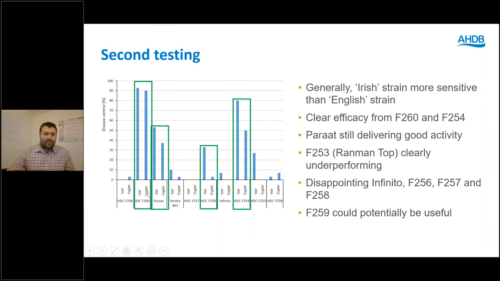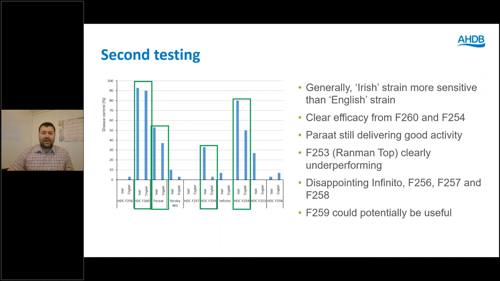I'm not going to talk too much about some of the other coded products, because as you can see, the level of performance is very low. Very disappointing to see Infinito not performing. It's a very good potato blight product, as are 256, 257 and 258. So I had very high hopes for these products. Unfortunately, they didn't perform.